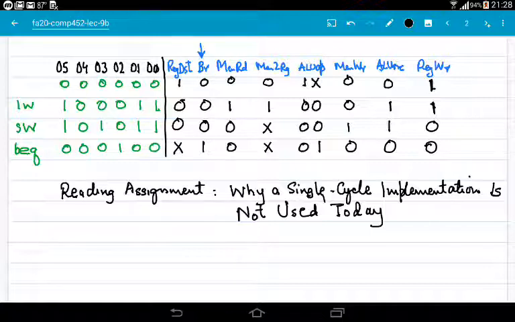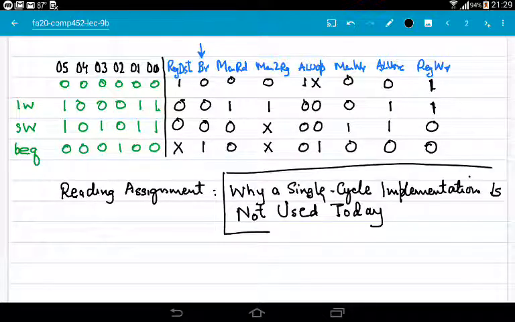So this is called single cycle design. And you are going to read this section on why single cycle implementation is not used today.